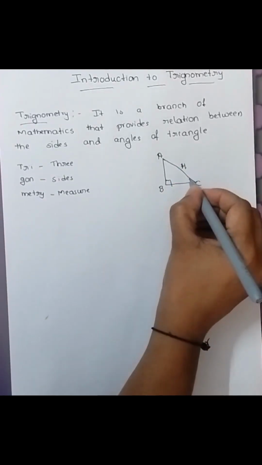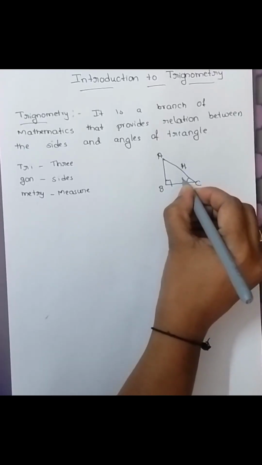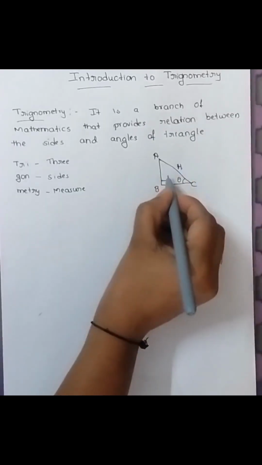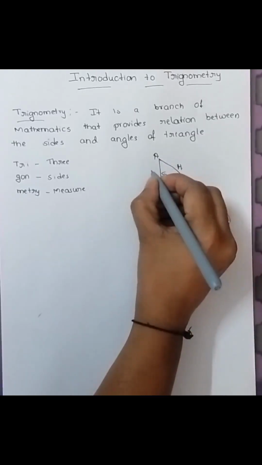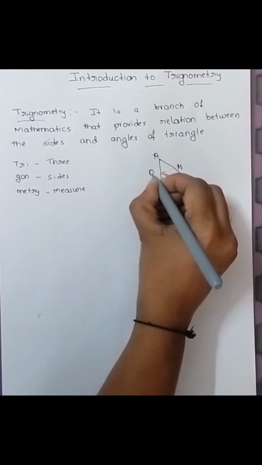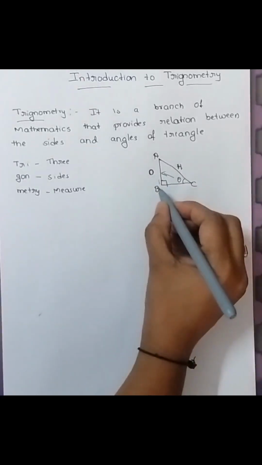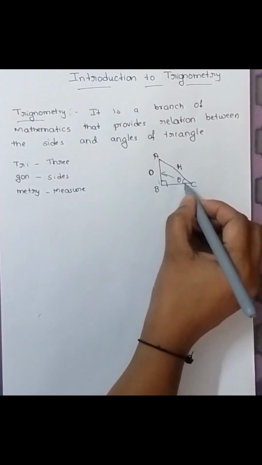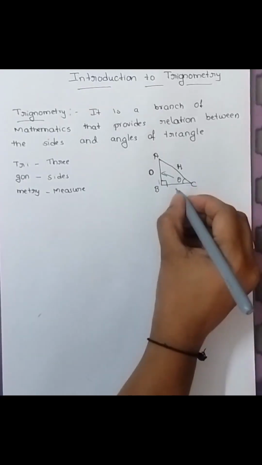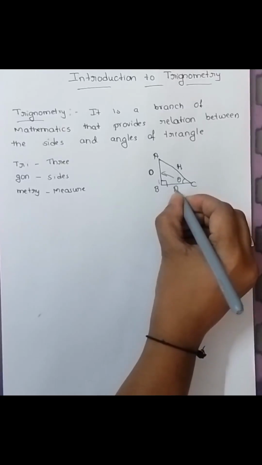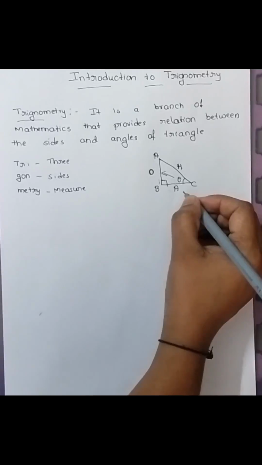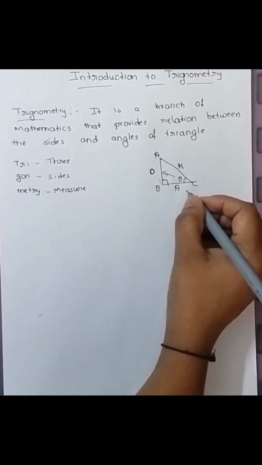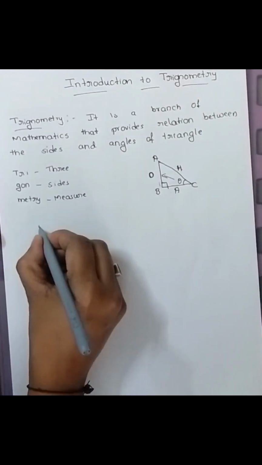And if the angle C is theta, then the side opposite to that is AB. So AB is the opposite side, whereas side BC is next to theta, so we call it the adjacent side. With this data we will arrive at the relations for the different ratios of trigonometry.